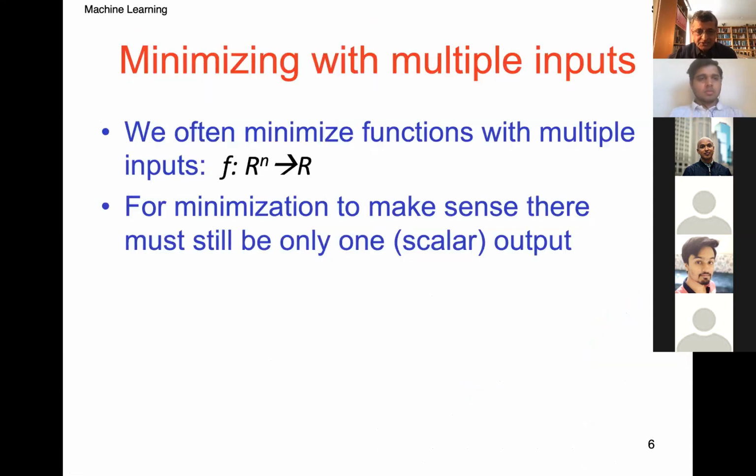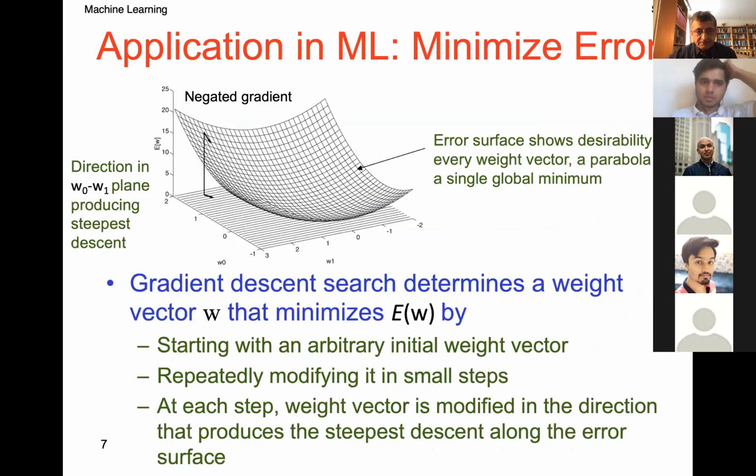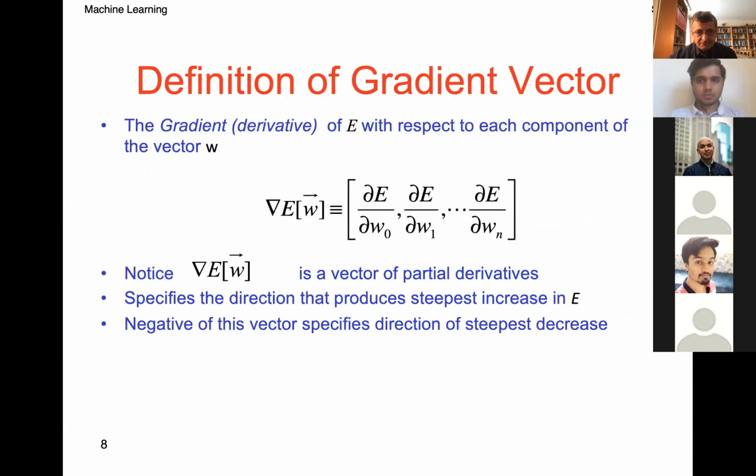A point that I think I might have mentioned already: minimizing with multiple inputs has the same kind of behavior. This again shows the idea of multiple dimensions, the same idea we saw. Keep in mind that whenever I write del E of W, W is a vector, and this is also a vector. Del E consists of all the partial derivatives with respect to W0, W1, Wn.